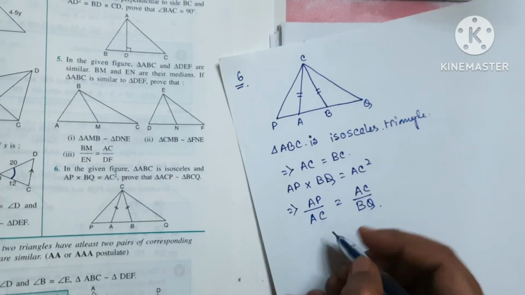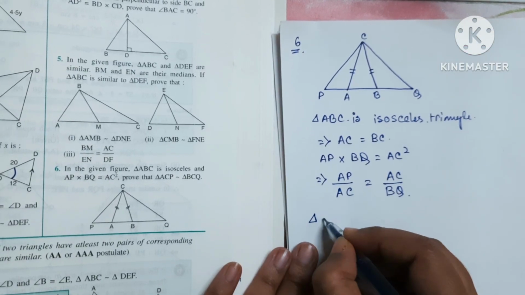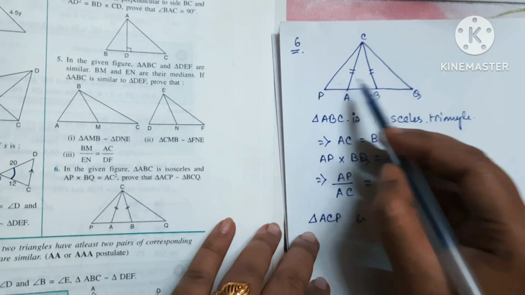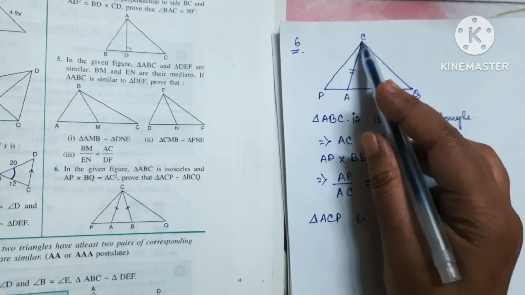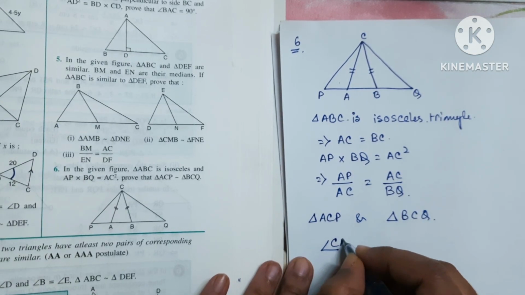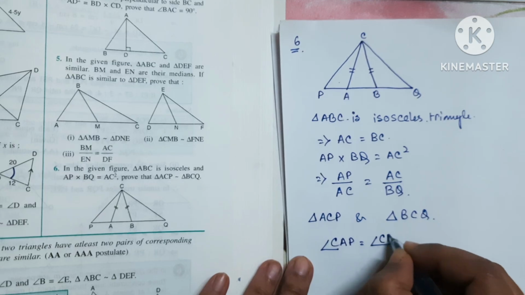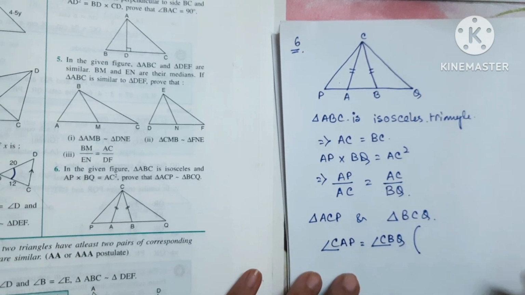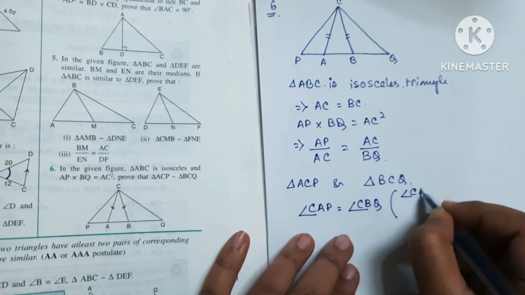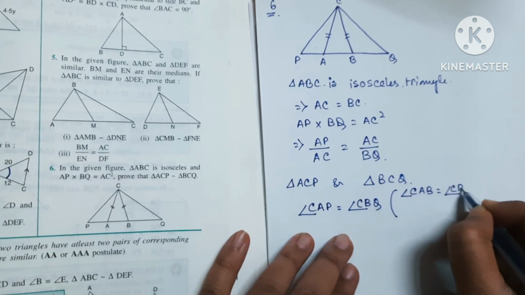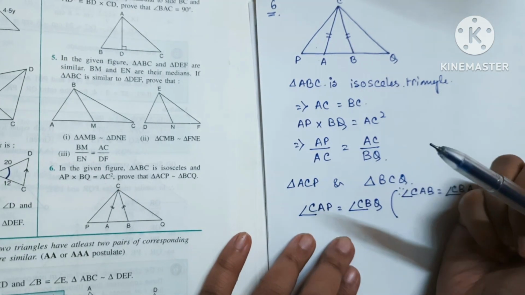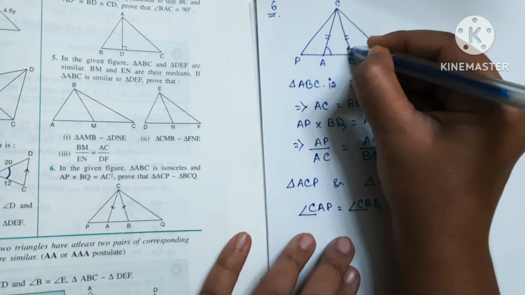Now from these two triangles, ACP and BCQ, this one and this one, angle CAP is equal to angle CBQ. Why? I'm going to write this reason here. Angle CAB is equal to angle CBA, right? Because this is an isosceles triangle, so this angle is equal to that angle.